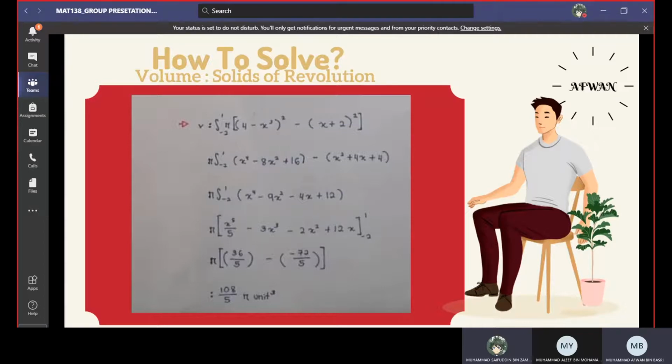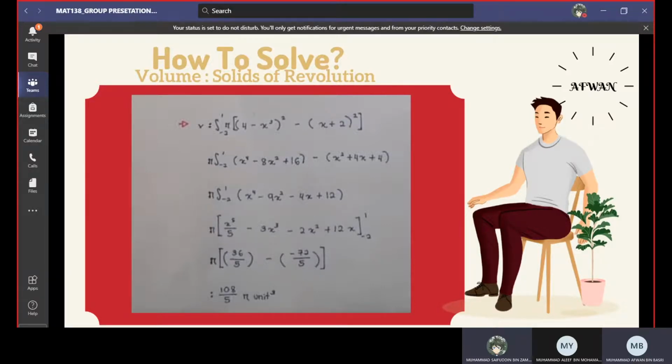For (4 minus x to the power of 2) squared, we get x to the power of 4 minus 8x to the power of 2 plus 16, minus (x to the power of 2 plus 4x plus 4).